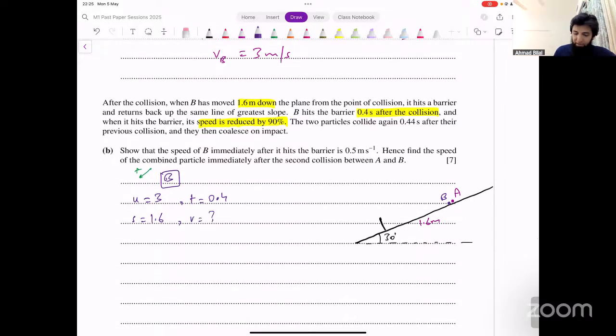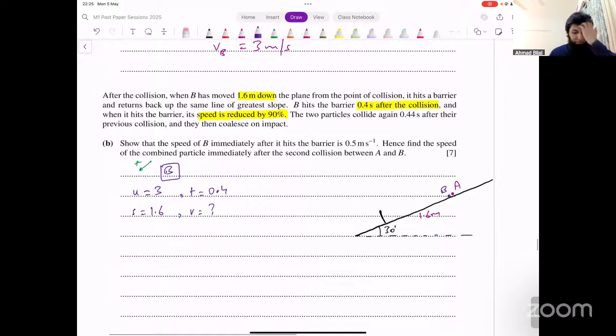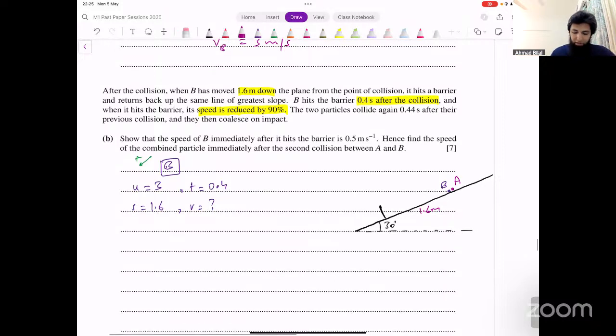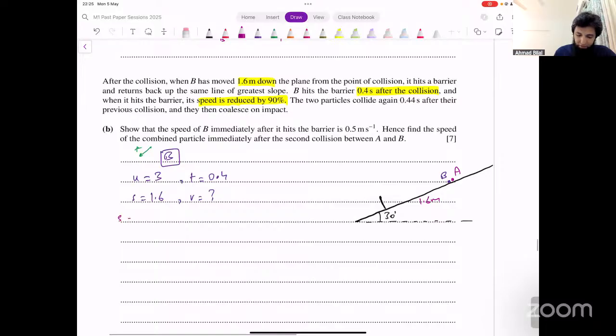Which equation connects these four things? S, U, V, and T, that's that equation. S equals 1 over 2 into U plus V times T, right? We can use that one. That connects these four things. 1.6 equals 1 over 2 into 3 plus V into 0.4.